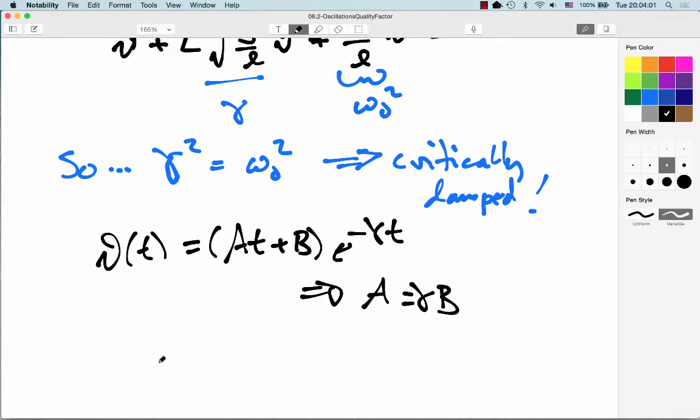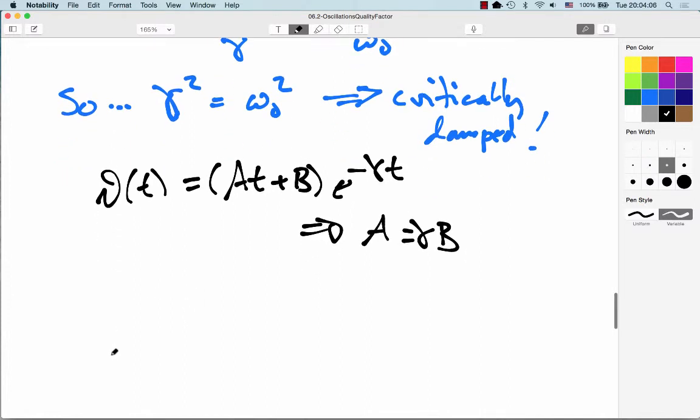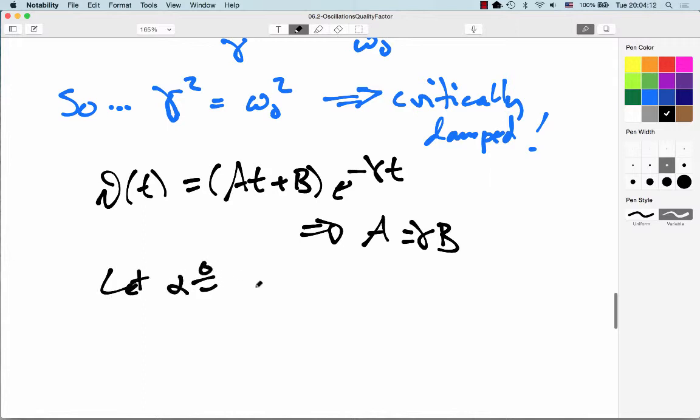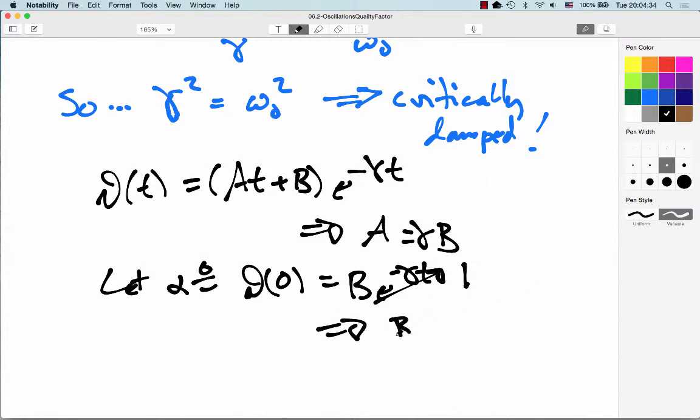So let's see, we will set alpha equal to theta at time 0. Well, times 0, that bit is 0, so this is just going to be b times e to the minus gamma t, right? And t itself will be 0, so that just becomes 1, so that means that b is equal to alpha, therefore a is equal to gamma alpha.